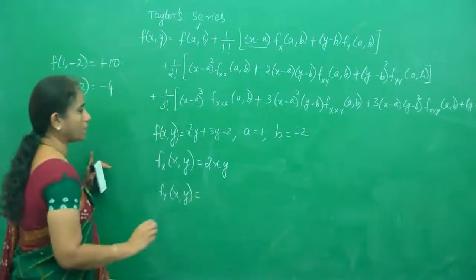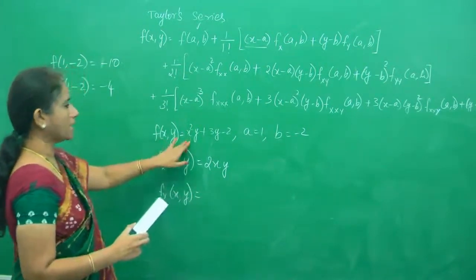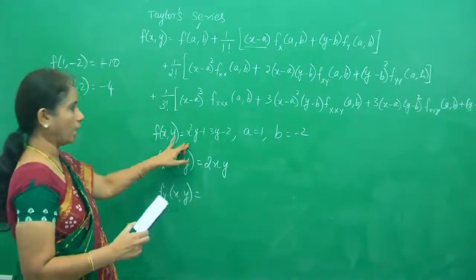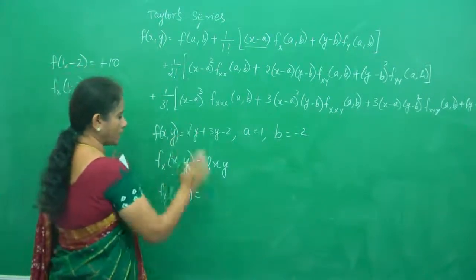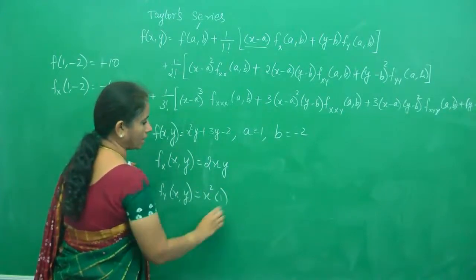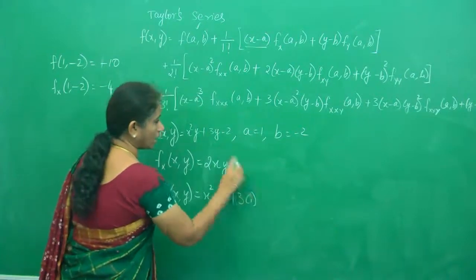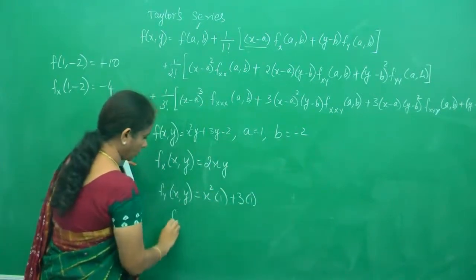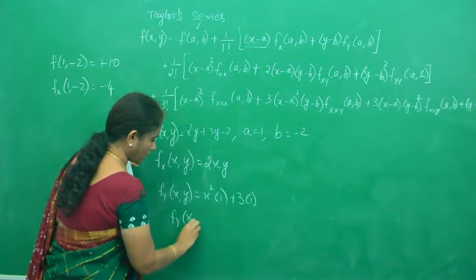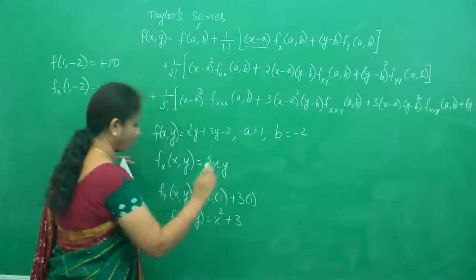What is fy of xy? Fy of xy is differentiate this partially with respect to y. Okay. So x square is a constant. Keep it. What is the derivative of y? 1 plus 3 times derivative of y is 1 and derivative of 2 is 0. So fy of xy is nothing but x square plus 3.